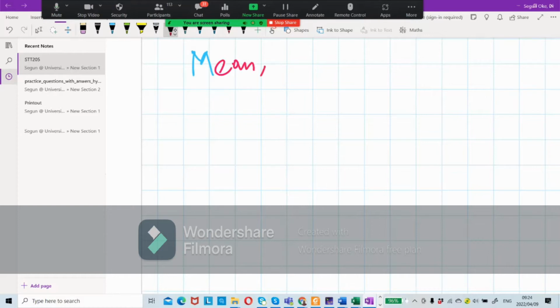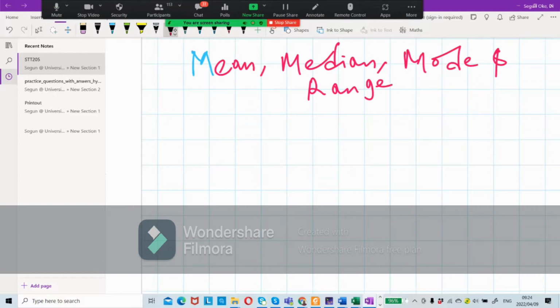mean, median, mode, and range. Mean, median, mode, and range. Okay, how do we solve them? It is very simple. Let's look at this question.